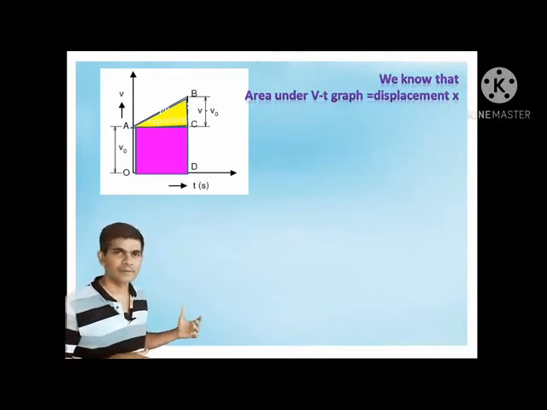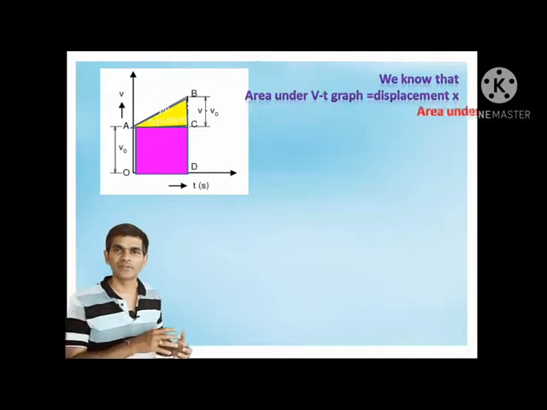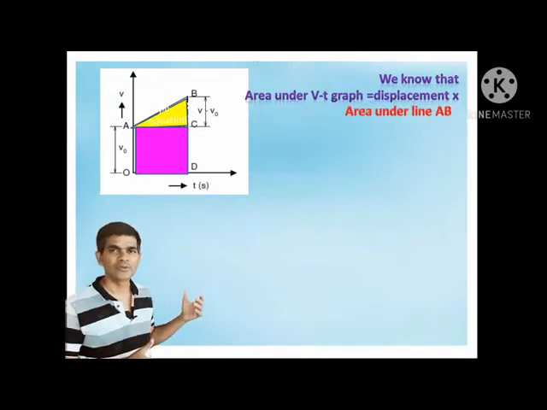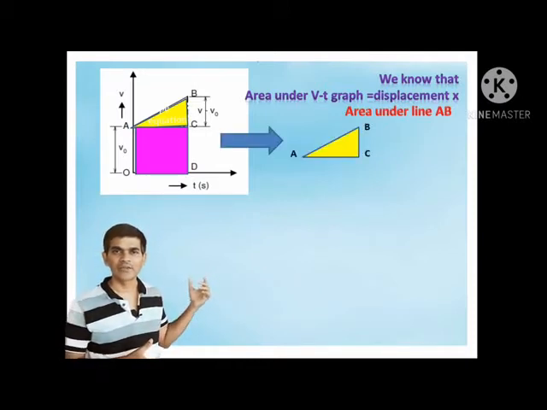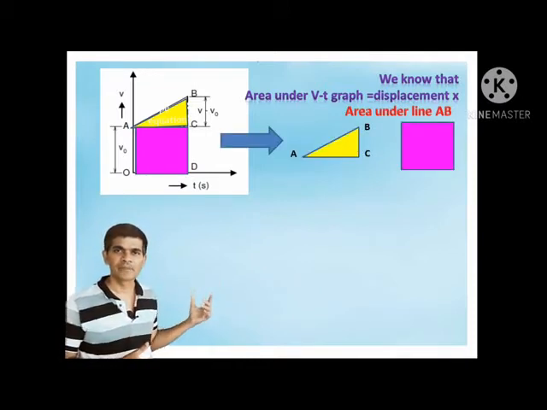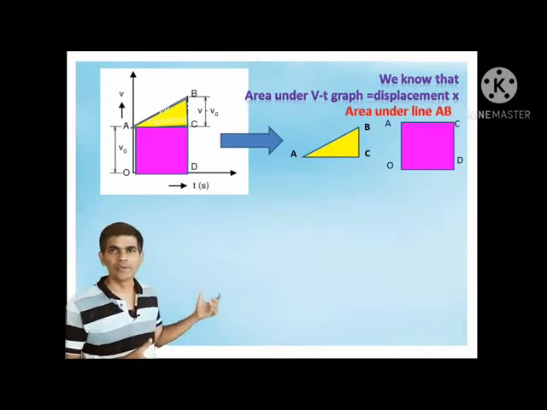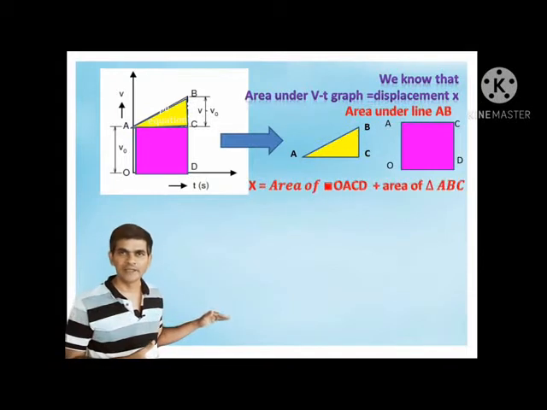As in the previous derivations, we find the area by taking the area of triangle ABC plus the area of rectangle OACD, which gives the total area under the line AB.